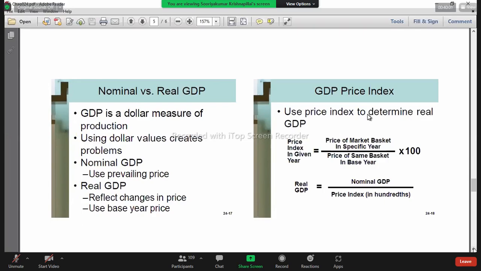So we cannot use nominal GDP to see economic growth. GDP is a dollar measure of production, using dollars or rupees.